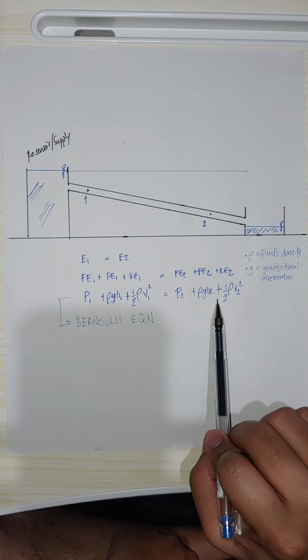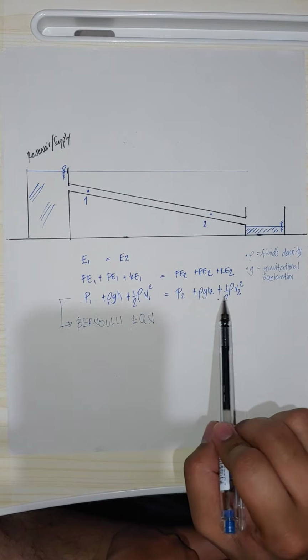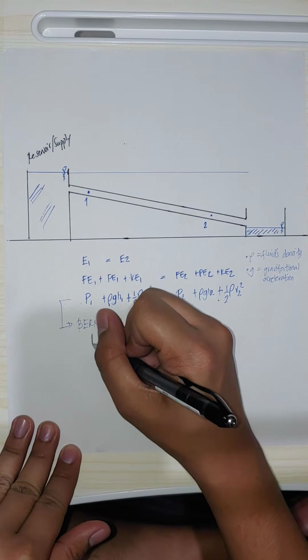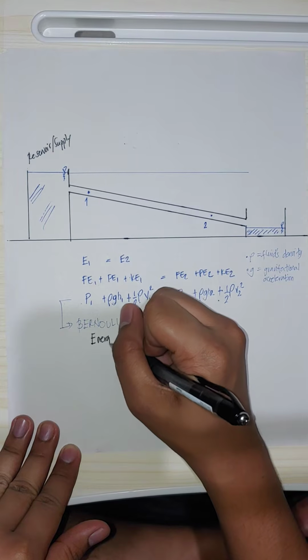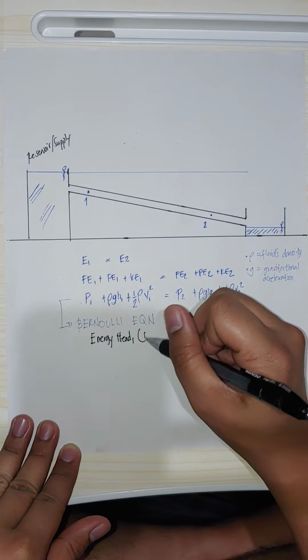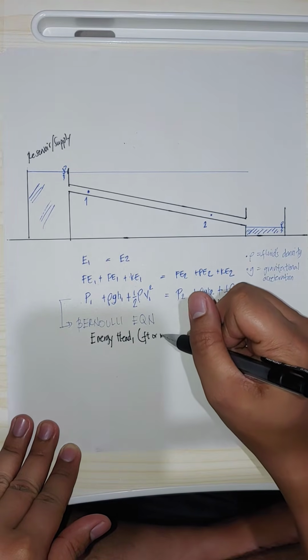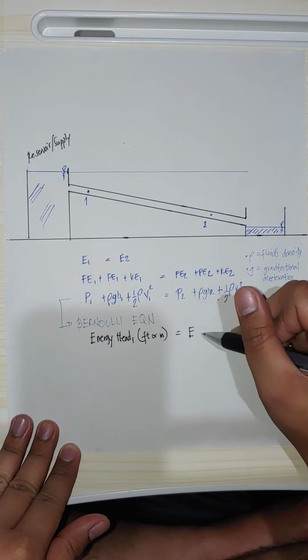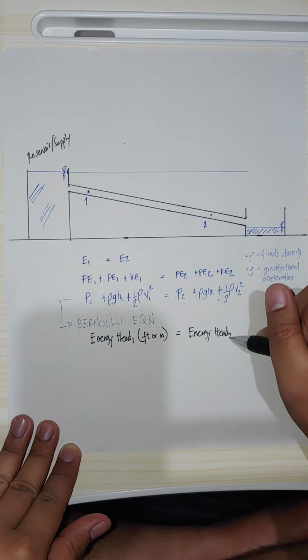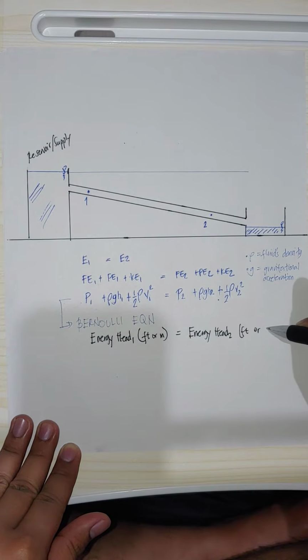Since this is in pressure, in kilopascal, what we want is for the unit to be only in meters. We call that the head. So the transformation is that the energy head at point 1, either in foot or in meters, should be equal to the energy head at point 2, in foot or meters.